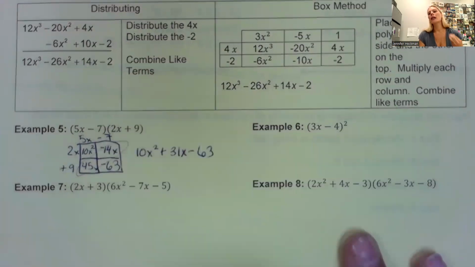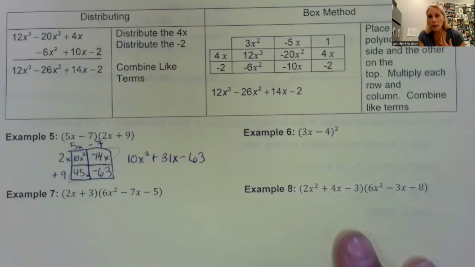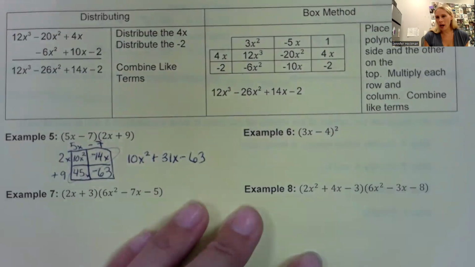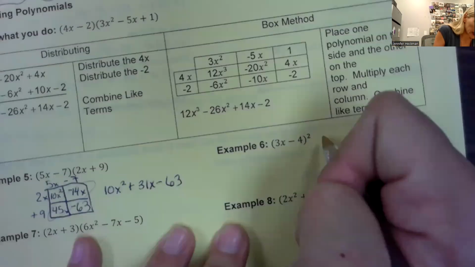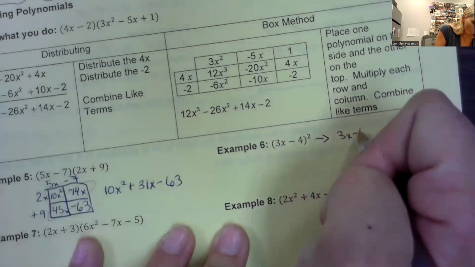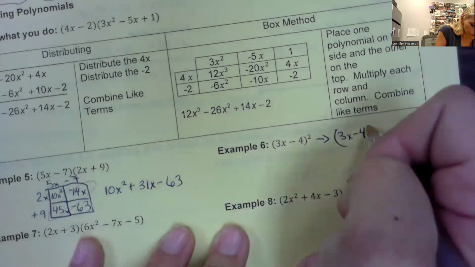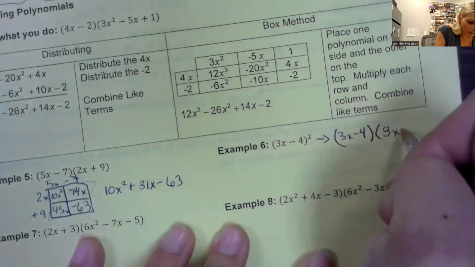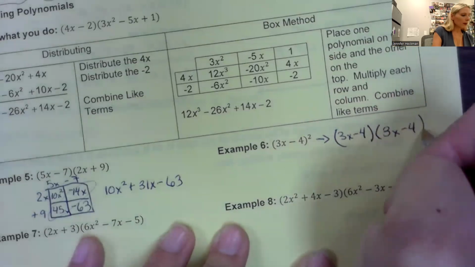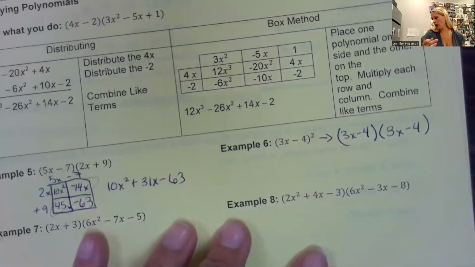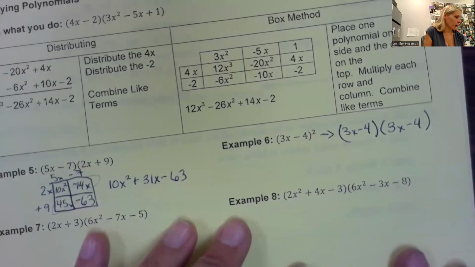Well, we can't because the thing is you're not distributing that squared. What this actually is saying is 3x minus 4 times 3x minus 4. So sometimes rewriting that out allows us to see that multiplication a little bit better, okay?